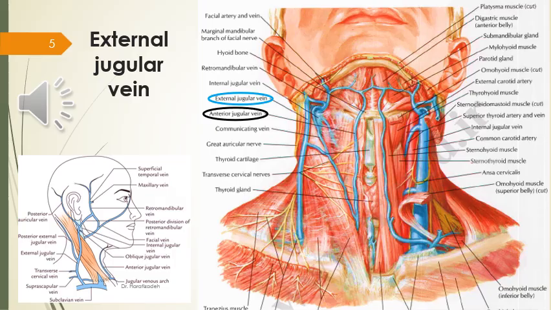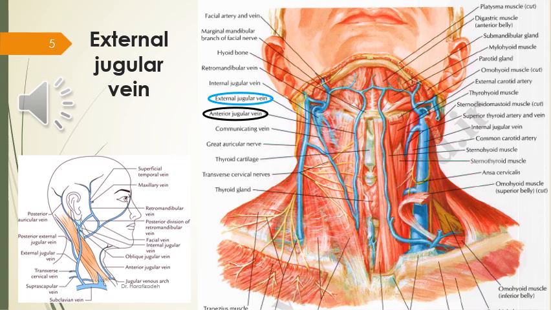This vein is formed superiorly at the angle of the mandible by the union of the posterior auricular vein and the posterior division of the retromandibular vein.